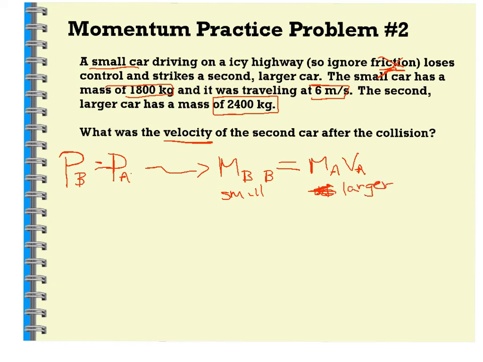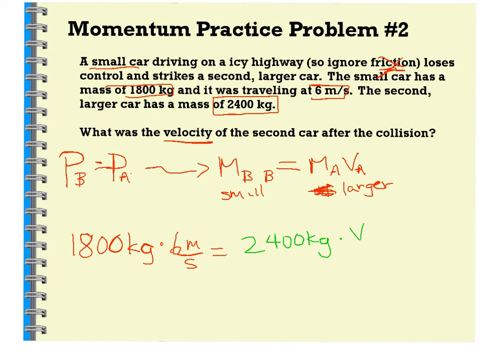So if we set this equation up, we have 1,800 kilograms. This is mass before. And we have the velocity before at 6 meters per second. And that's going to equal, on the other side, the larger car of 2,400 kilograms times velocity after.